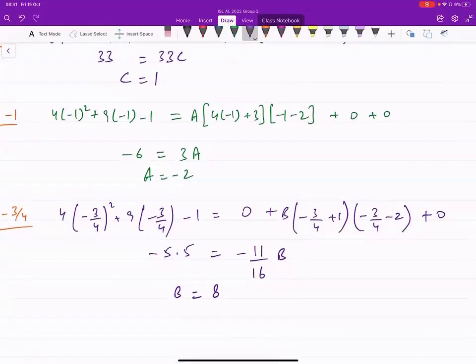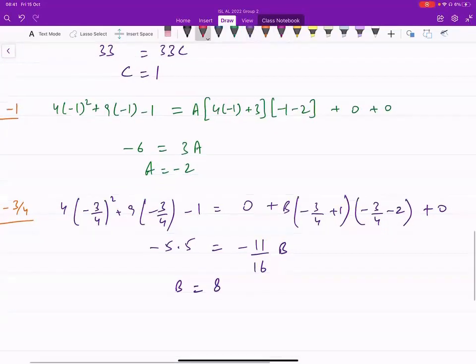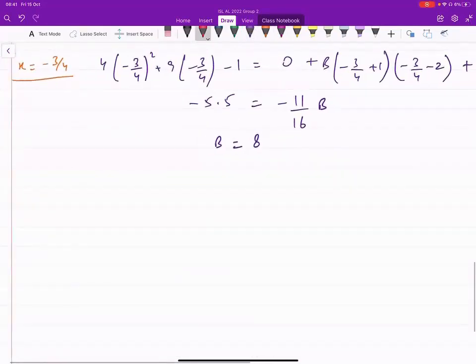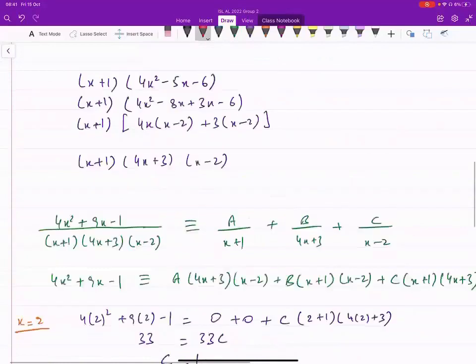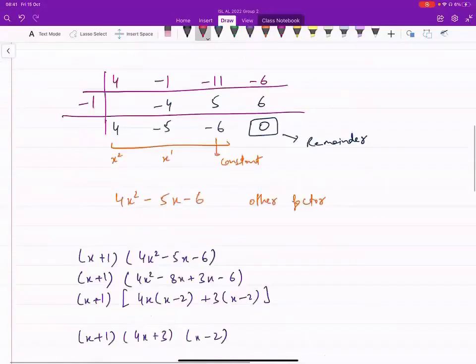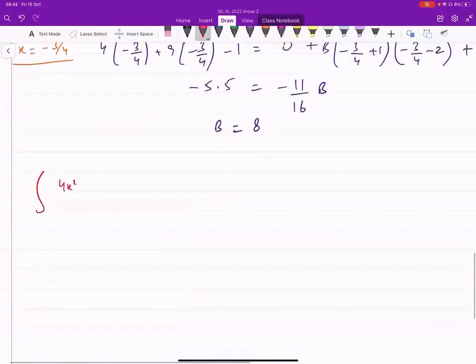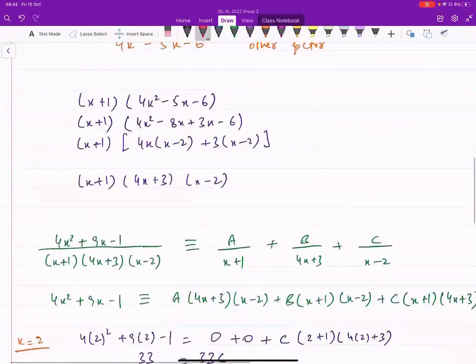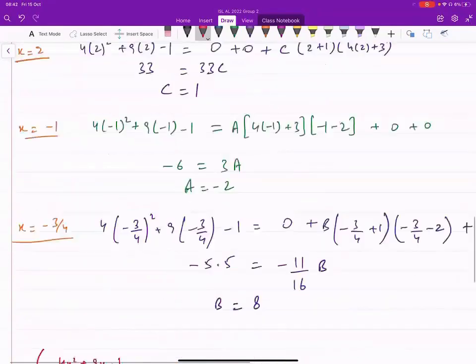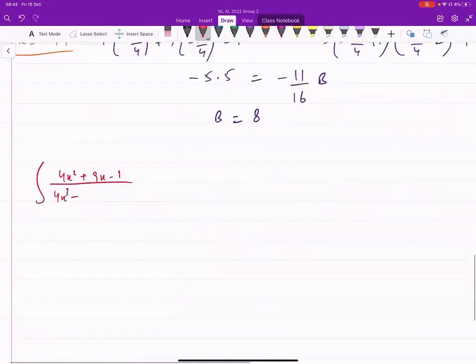अब हमारा जो है वो फ्रैक्शन क्या बन गया? इंटीग्रल हमारे पास क्या हो गया? जो हमने ओरिजिनल इंटीग्रल रखा हुआ था, which was 4x square plus 9x minus 1 divided by that polynomial 4x cube minus x square minus 11x minus 6. वो इंटीग्रल हमने सिंप्लीफाई करके इस तरह कर लिया.